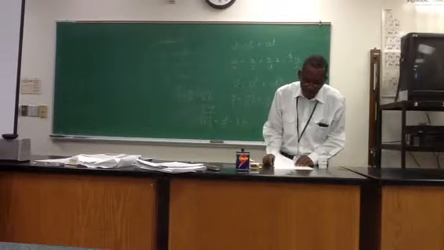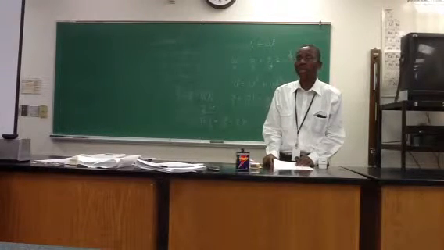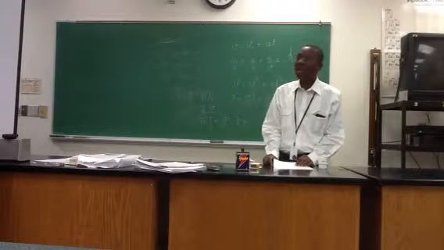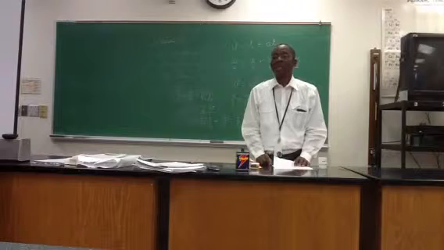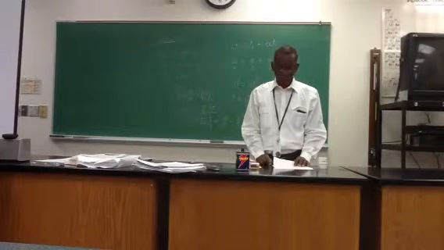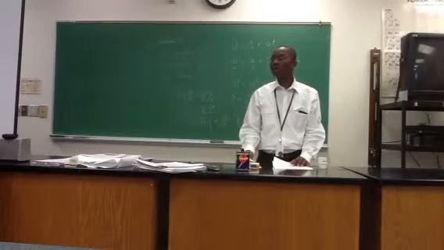Okay, at this point we need to know what a vector quantity is and what a scalar quantity is. A scalar quantity is that which has only magnitude. That is, it has just the number. But a vector quantity is that which has both magnitude and direction. And you should be able to give examples.